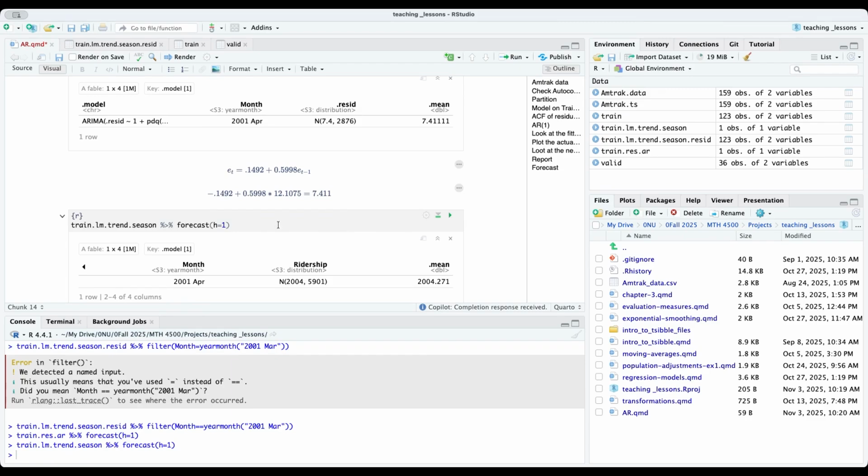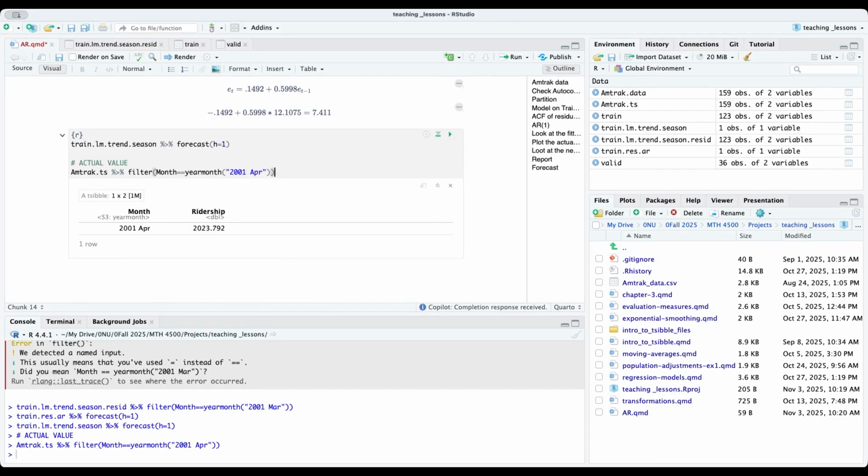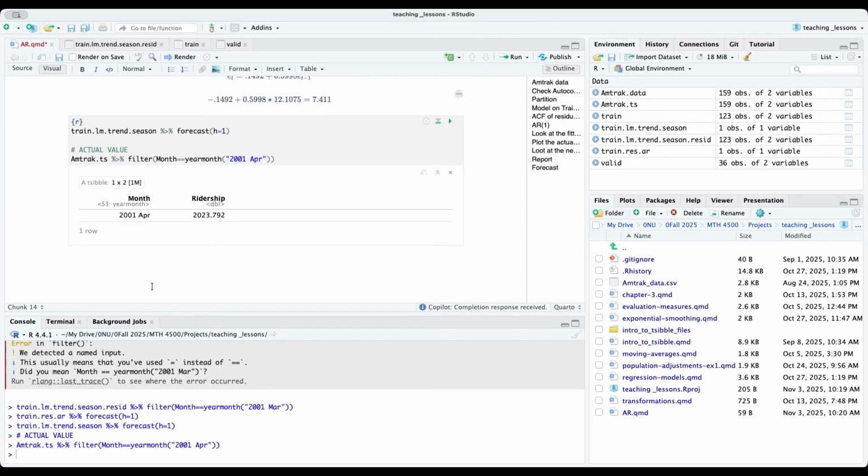So let me compare this to the actual value. Let's go to Autoregressive and filter year month to 2001 April. The actual value is about 2 million, 23,792. So let me write this down.